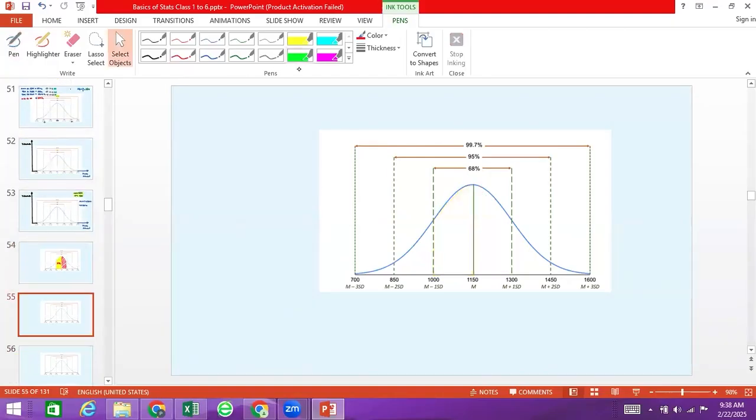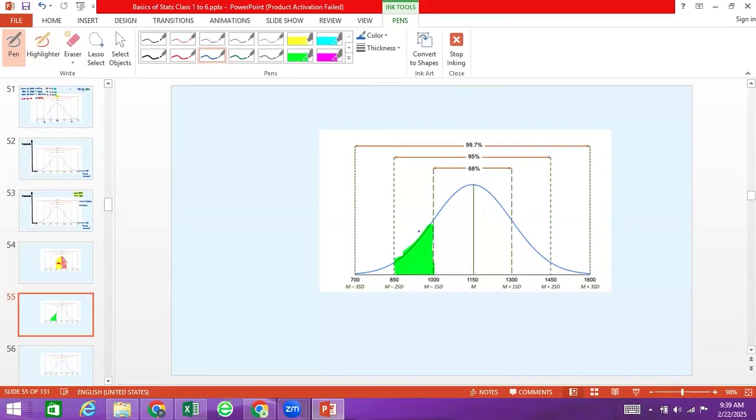What percentage of data points are present in this shaded area? 23.5? 14%? What you said is correct: 95 divided by 2 minus 34.